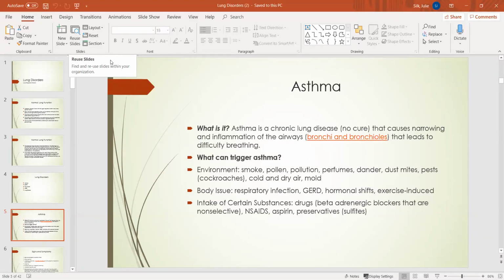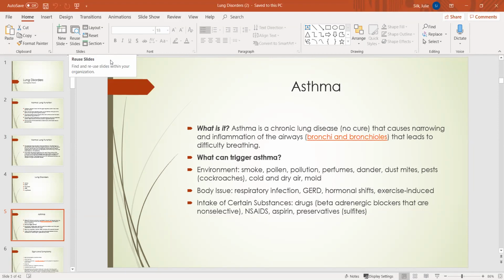Pollution, perfume, dander, dust mites, even things like cockroaches, cold and dry air, mold, respiratory infections, GERD, hormonal shifts. This could be exercise induced, because a lot of people have that.